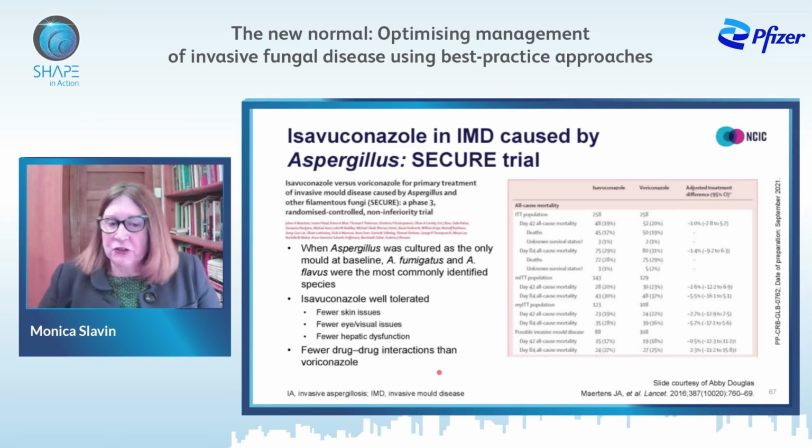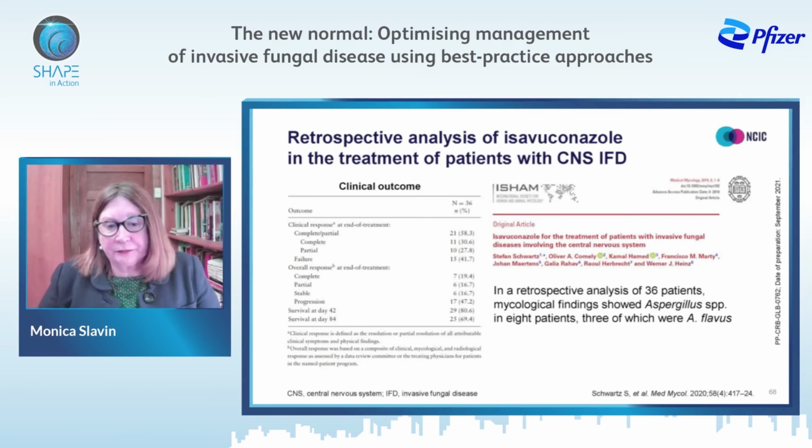Thus our decision to try it in this patient who was having abnormal liver function tests and also changes in their skin, which they were quite concerned about. And of course, the other benefit of isavuconazole is the fewer drug-drug interactions, seeing that it only interacts with CYP3A4 and none of the other cytochrome P450 enzymes.